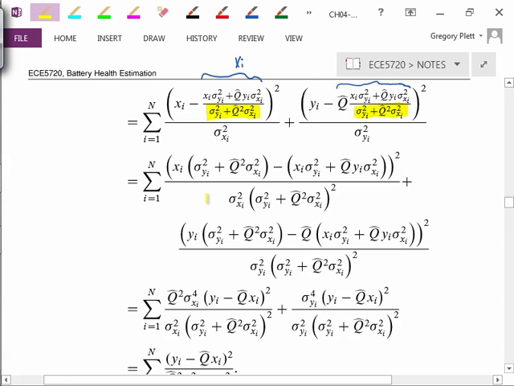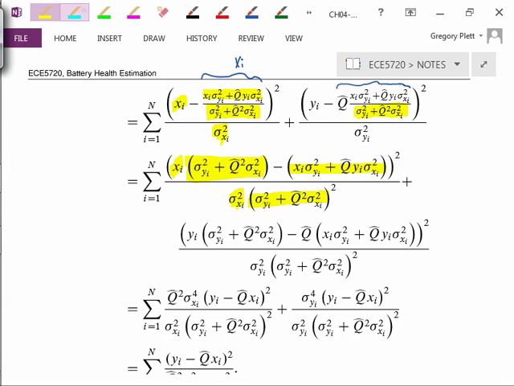So we can see that inside the squared of the first thing, I've got the xi multiplied by that, and then this here multiplied by that clears the fraction. But in the denominator, the sigma xi had to be multiplied by that thing squared.